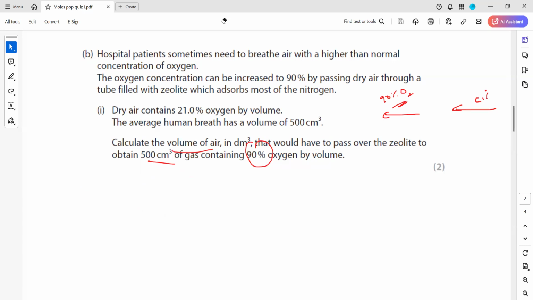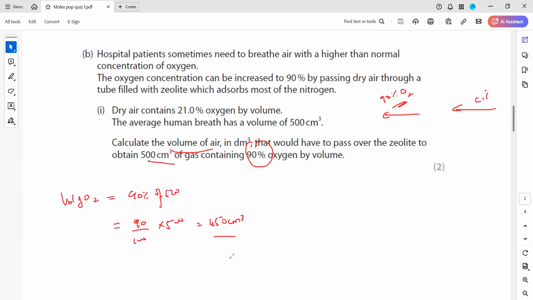First, you will find the volume of oxygen, like how much oxygen we need. So what is the volume of oxygen we need if we want 90%? What is the 90% of 500? So 90% of 500 will be 90 divided by 100 times 500. When you simplify, it will be 450 cm3.